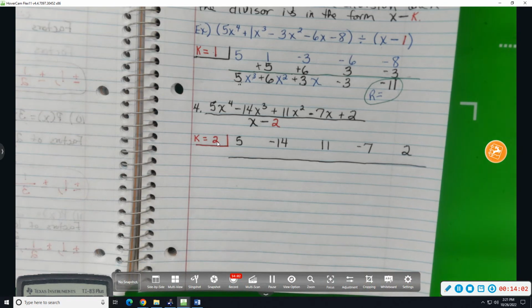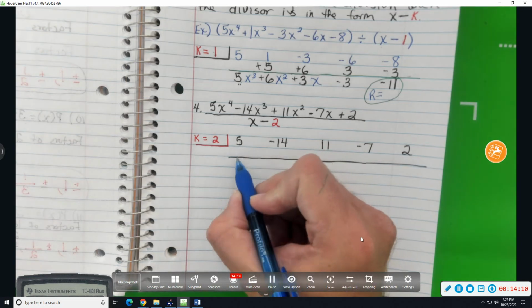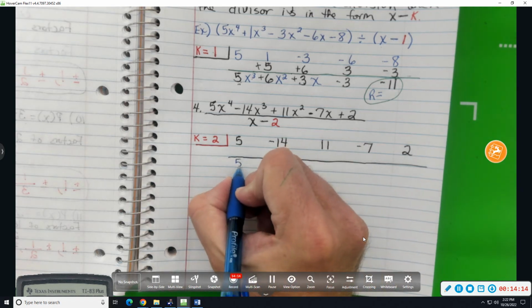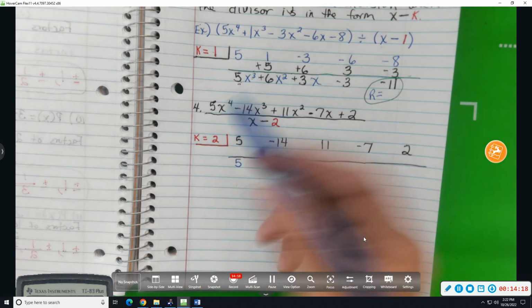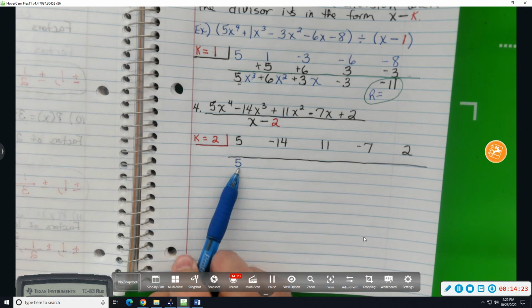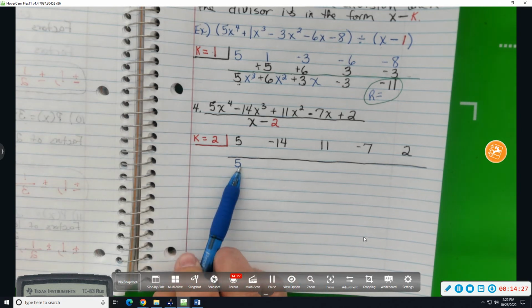Here you're multiplying by 2, so there's going to be some changing in the coefficients. Start by bringing the first number down. It's just a coincidence that both of these have a 5. Now you'll see what he means. His numbers are going to change more because we're multiplying by 2.